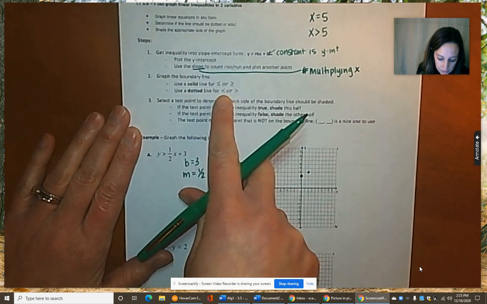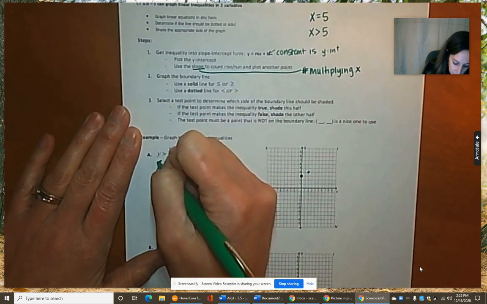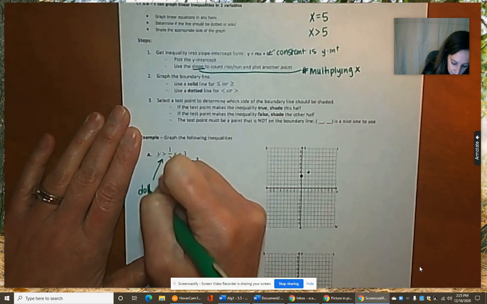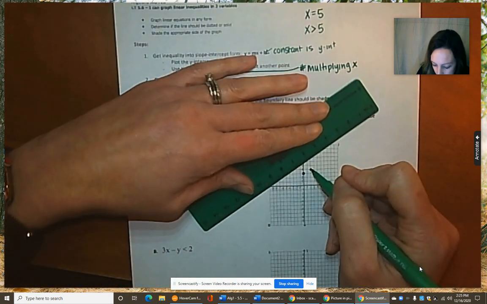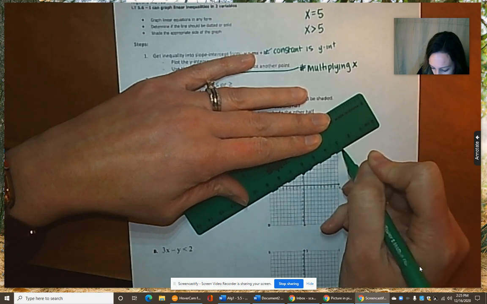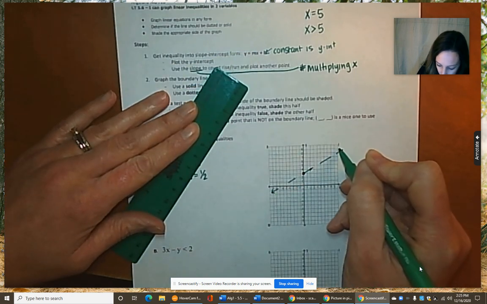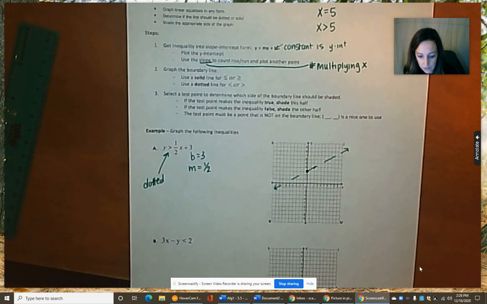I'm going to use a dotted line if it's less than or greater than. This right here is telling me that it's going to be a dotted line because it's not equal to. It's just greater than. So when I connect these, I'm using a dotted line to graph that boundary, and then the arrow in both directions, right? That's a change. If it was an equation, I would draw a solid line and be done. It's a dotted line because it's greater than.